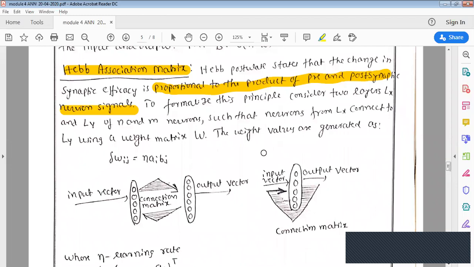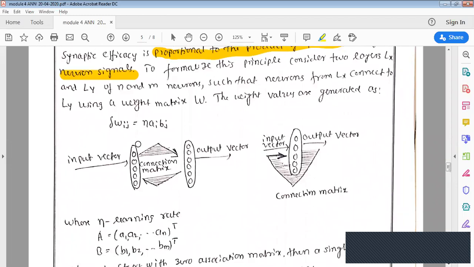So how do you formulate this principle? Let us consider two layers, Lx and Ly, and we know that all input vectors are connected to the output vectors, and all output vectors are in some way connected to the input vectors by a connection matrix.